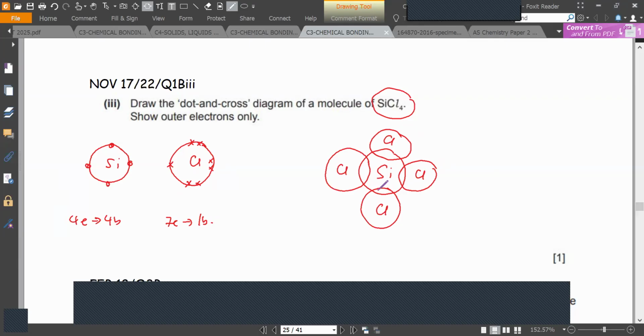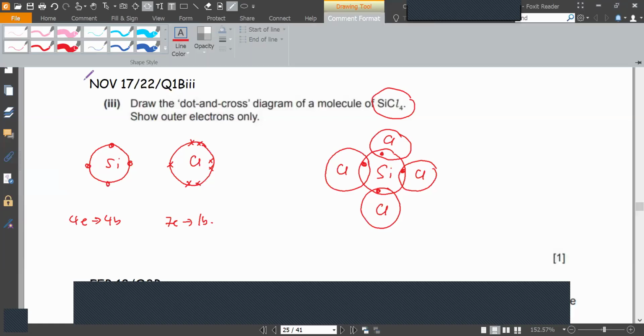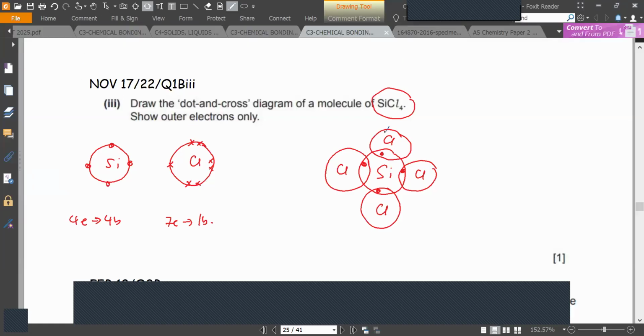We start with the 4 electrons from the silicon, and then 7 from each chlorine.